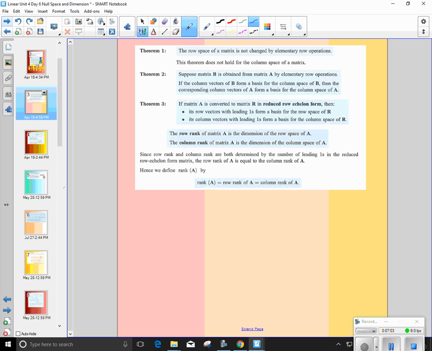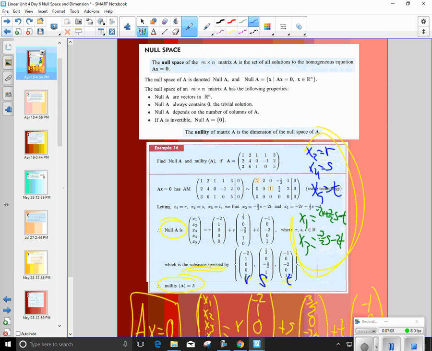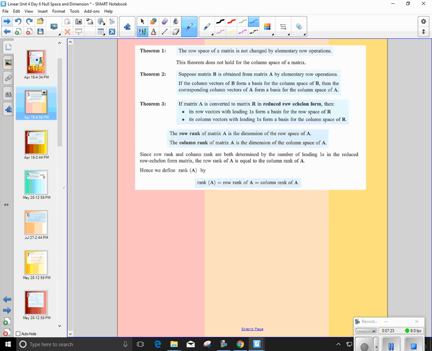We defined the rank as the number of vectors here. I don't know if they have the rank here.